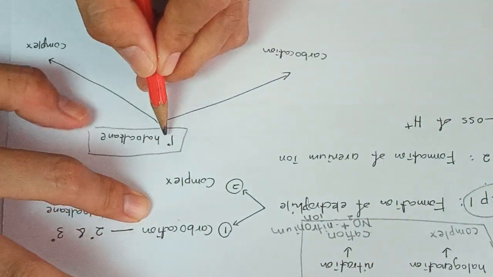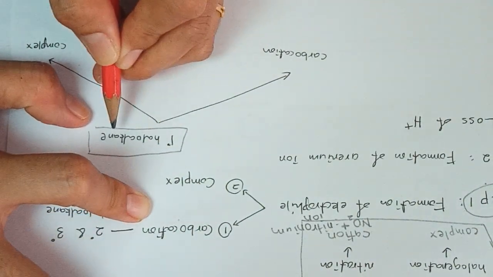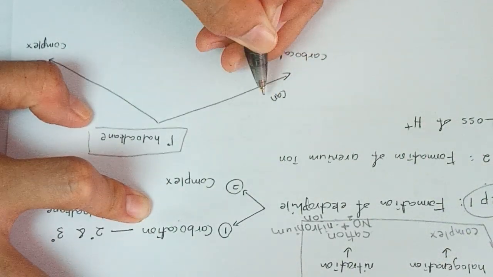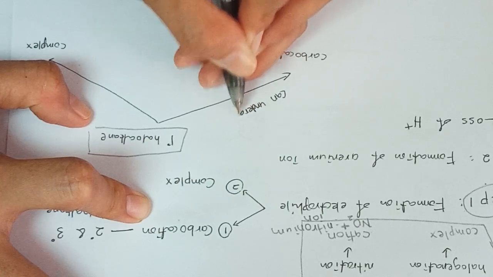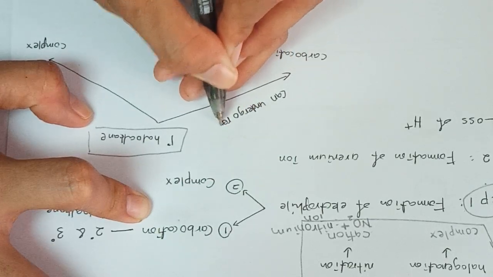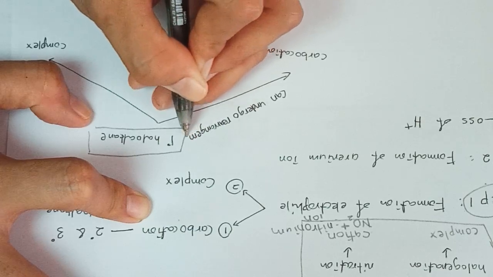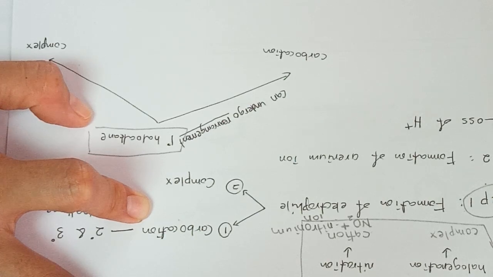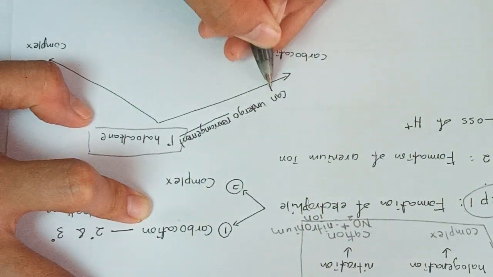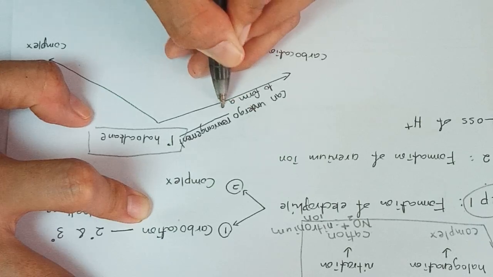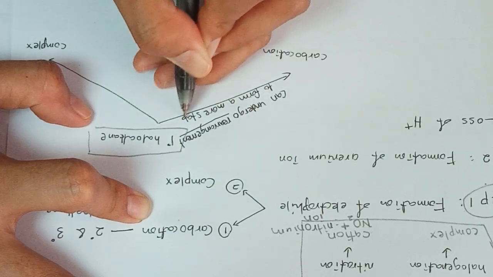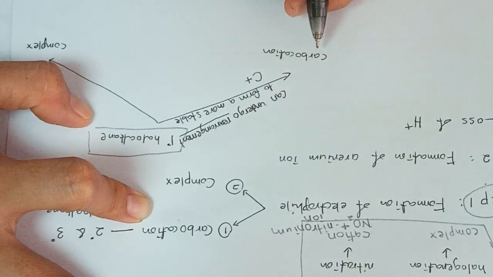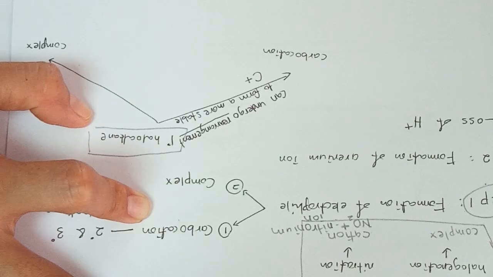Where if we have a primary haloalkane that can undergo rearrangement. Remember the word rearrangement? If the primary haloalkane can undergo rearrangement to form a more stable carbocation, then it will form carbocation in step 1.